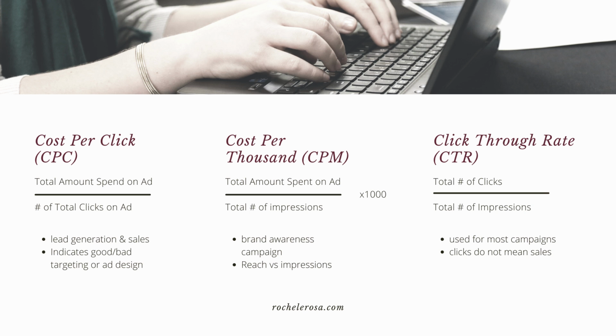And you can break this down even further to figure out which specific creative, as it's called, which specific image or video had a higher cost per click versus the overall or the average cost per click. And this metric is usually used for lead generation and sales.